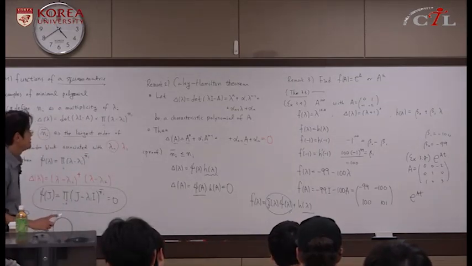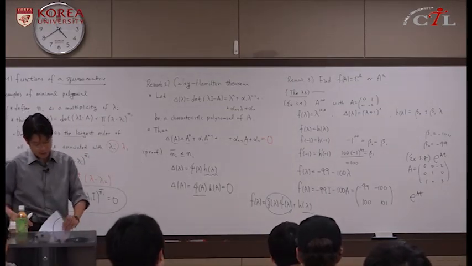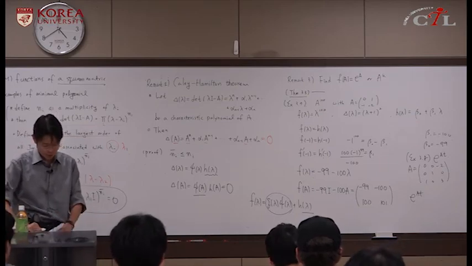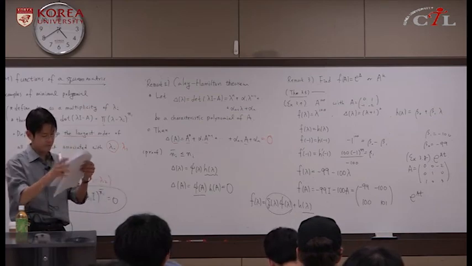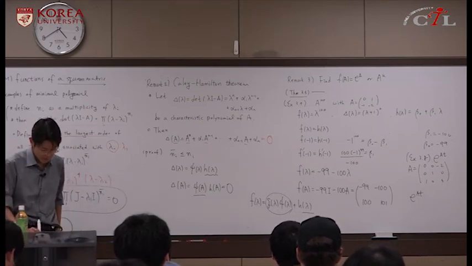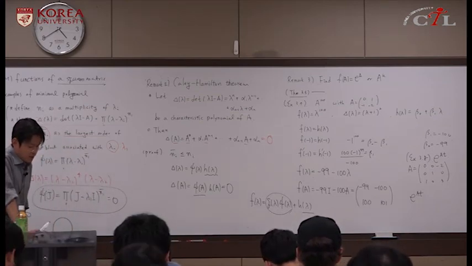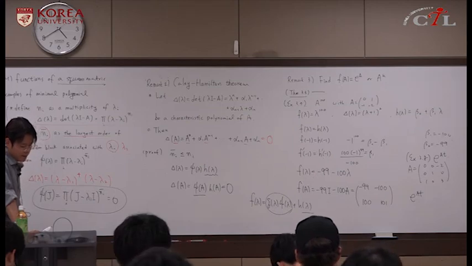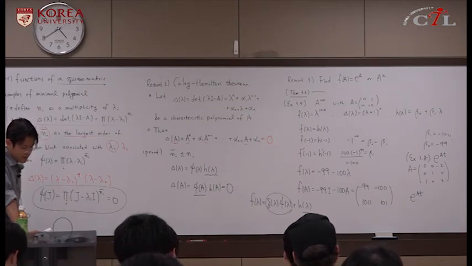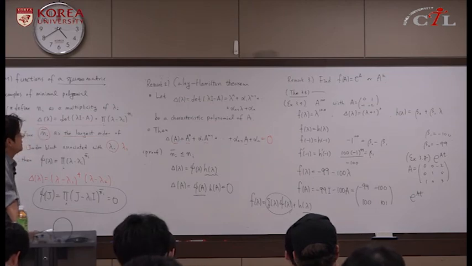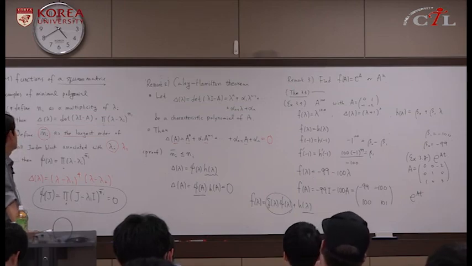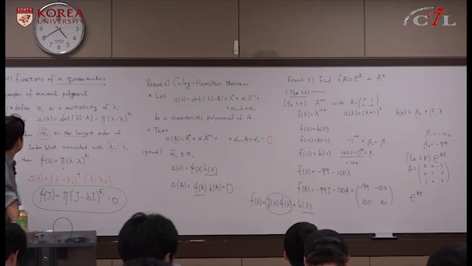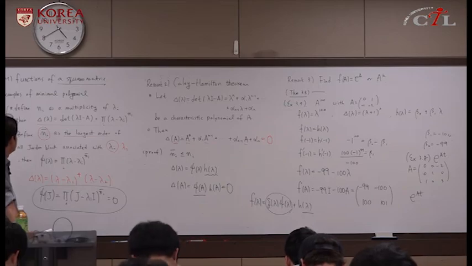Okay, then this is the coverage of chapter 3. So now we can calculate A^100 and the exponential e^(At) using the minimum polynomial.